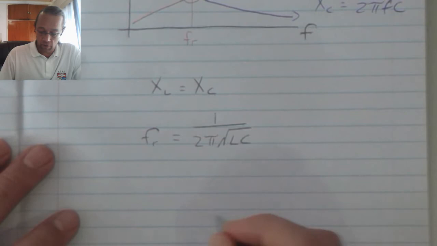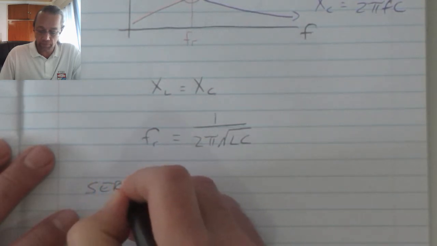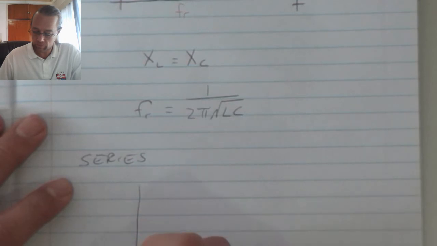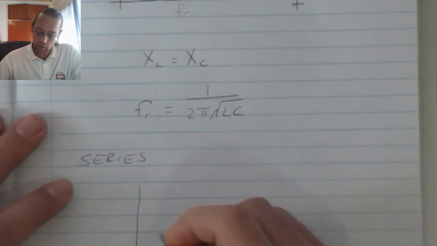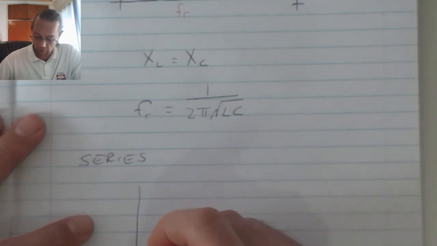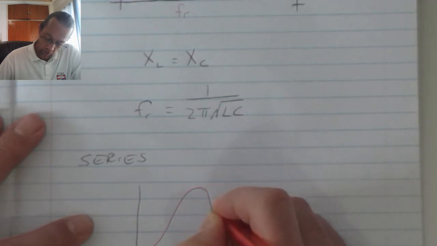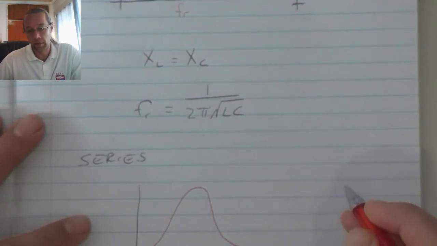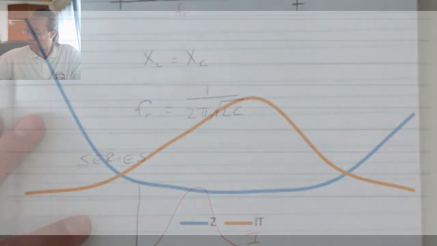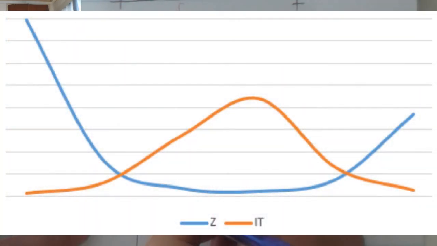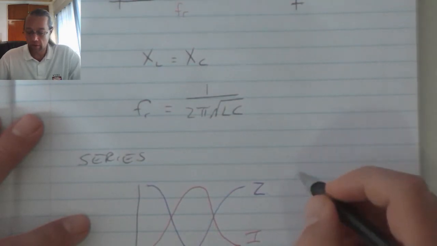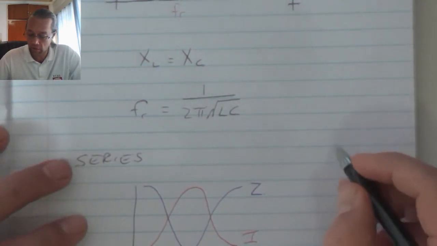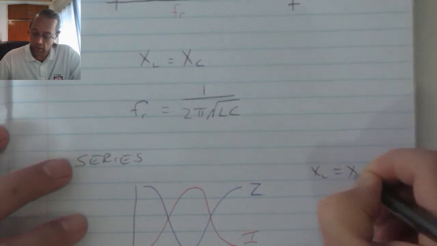When it comes to the graphs at series, we find that as we increase our frequency, take note this is not to scale, we will have a graph like that represents the current flow, and we will have a graph like that represents the impedance in the circuit. So at series, inductive and capacitive reactance are equal.